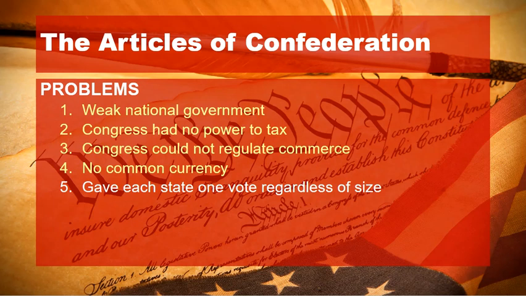So states with smaller populations had equal representation with states with much larger populations. And there was no executive and no judicial branch under the Articles of Confederation. So no ability to make sure the laws were being carried out, and no ability to determine if laws or actions by the government were just, were legal.